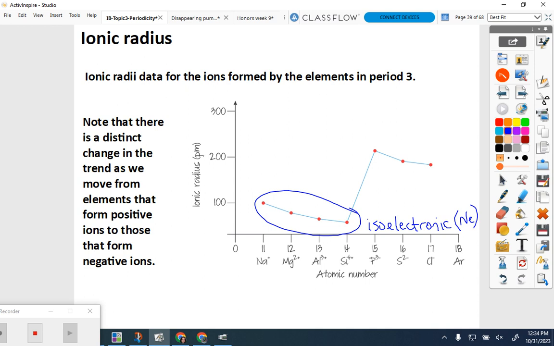As we add protons while having the same number of electrons going across, we are still going to see that decrease within those positively charged ions. As soon as we flip over to negatively charged ions, though, now these are all going to be isoelectronic with argon.